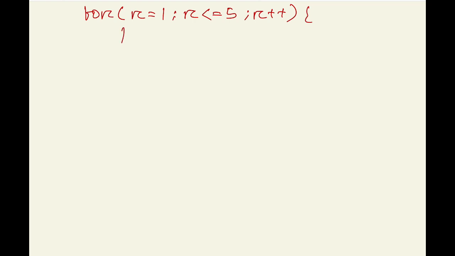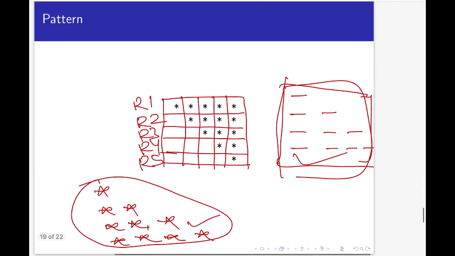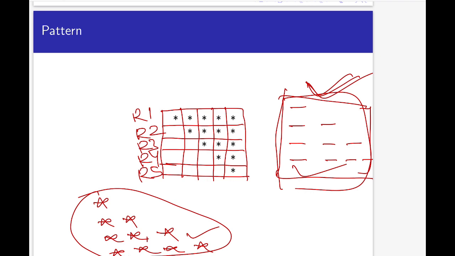Now to print the blank space, we can write for c equal to 1, c less than r, c plus plus, print space. Okay. Now this code snippet is going to print the structure of blank spaces.